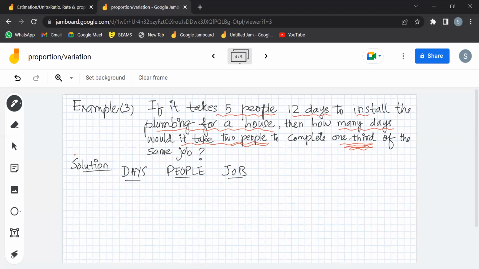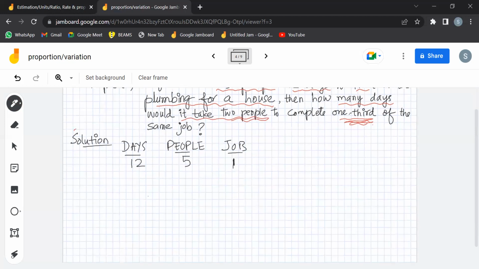So 12 days, 5 people, and for the job, you can say this is one job. Just write one, or you may write any other thing, like you can say that A is that job. So I'm writing one. Then how many days? X is the question mark.